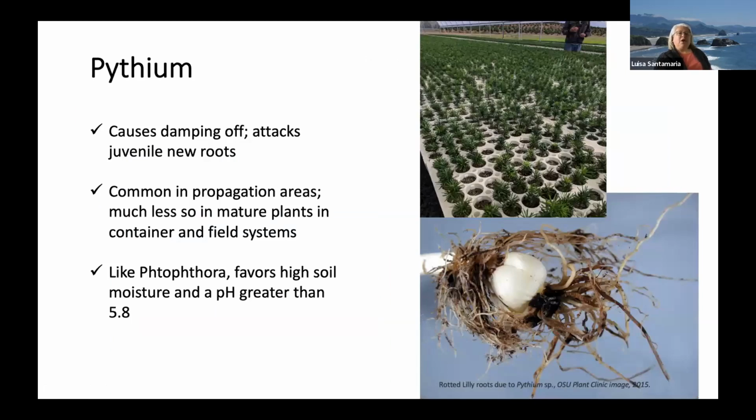Now let's talk about the other oomycete. I gave too much importance to the queen Phytophthora. Let's go to the king, Pythium, now. I'm sure you have heard about damping off. Damping off is when the seed is germinating and the plants just fall down at the crown, and you can see that it is rotten.